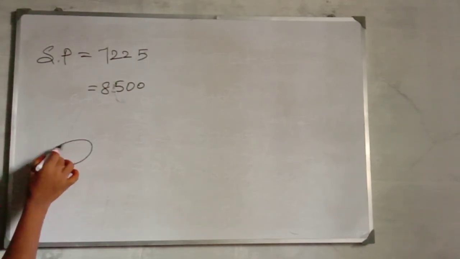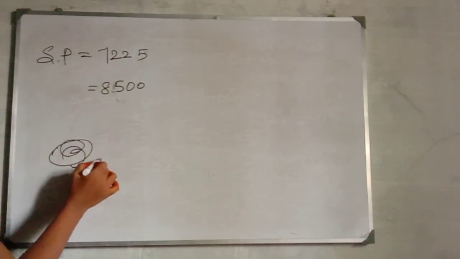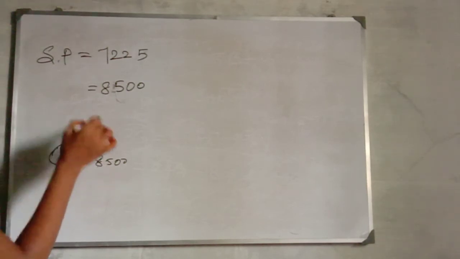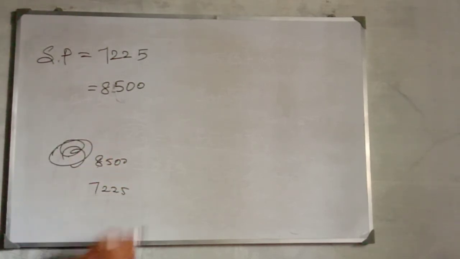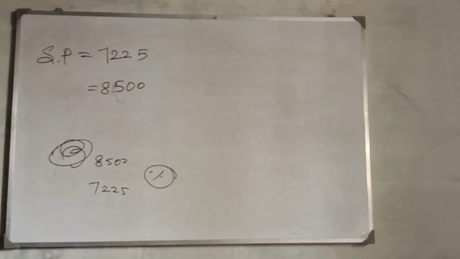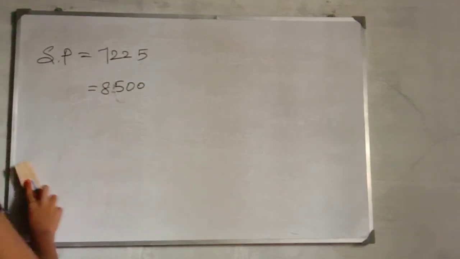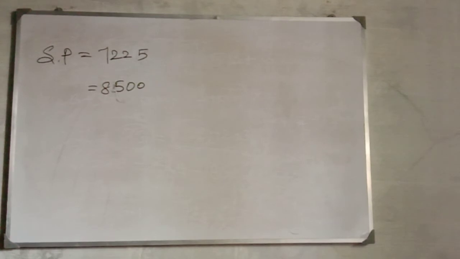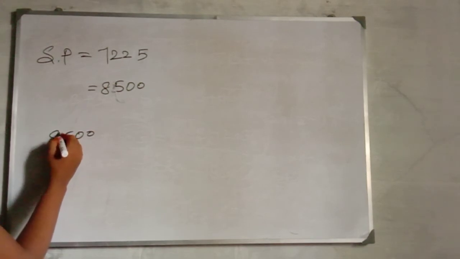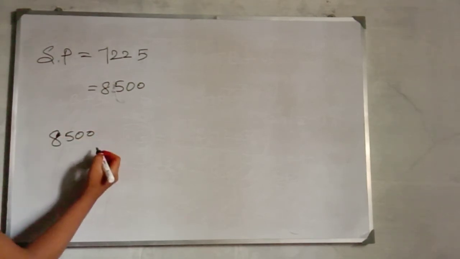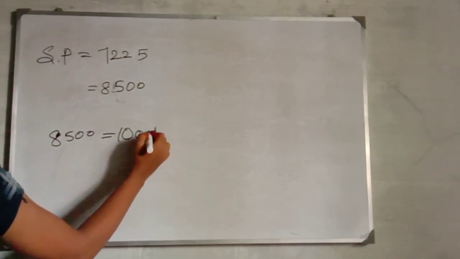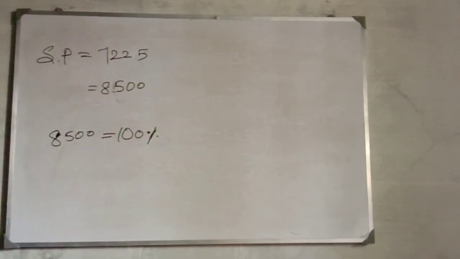Here the watch is marked as 8500, but the shopkeeper will sell the watch for rupees 7225. So what is the discount in percentage? This is the question. Let us assume the marked price of this watch is 8500, and let me take this as 100%.